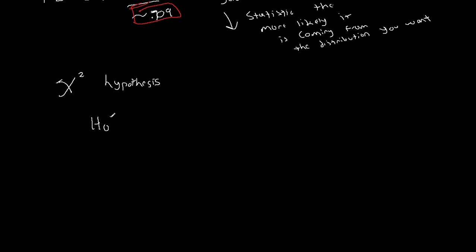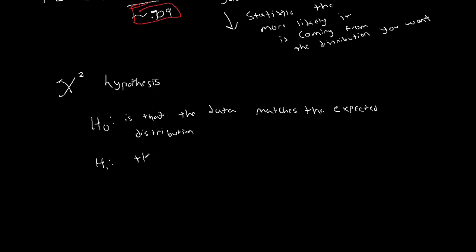Well, our H naught, our null hypothesis, is that the data matches the expected distribution. This is saying that our observed data matches our expected. So the alternative hypothesis is that the data does not.